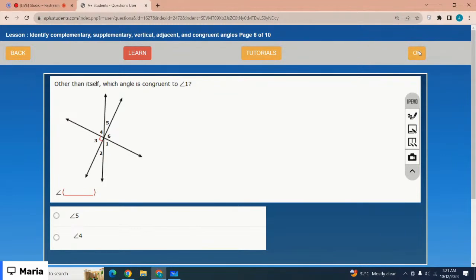The correct option is, yes, that is angle 4. Sorry.